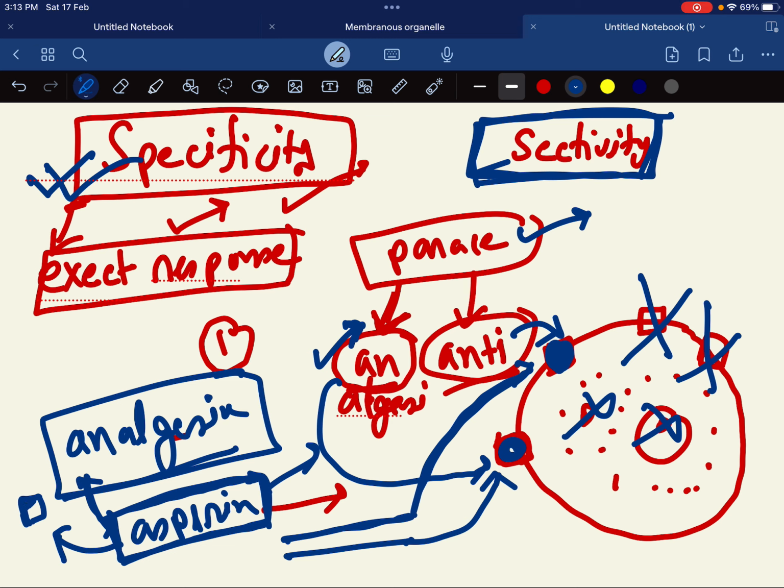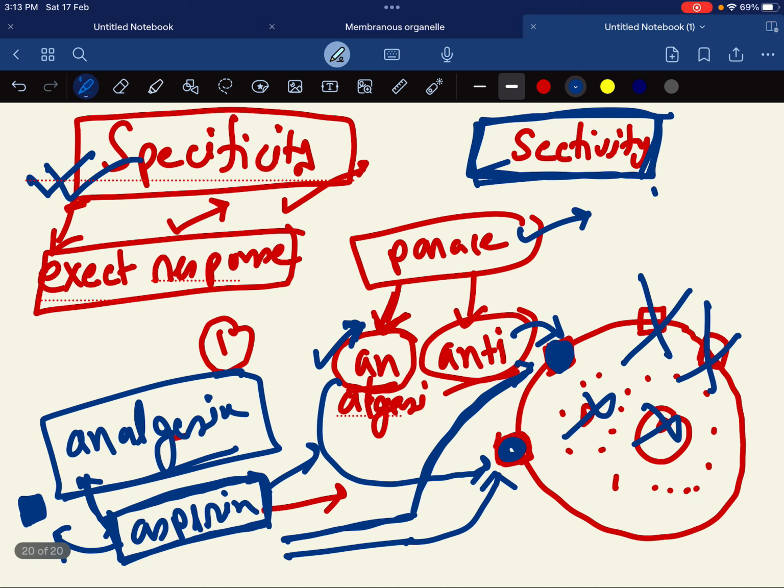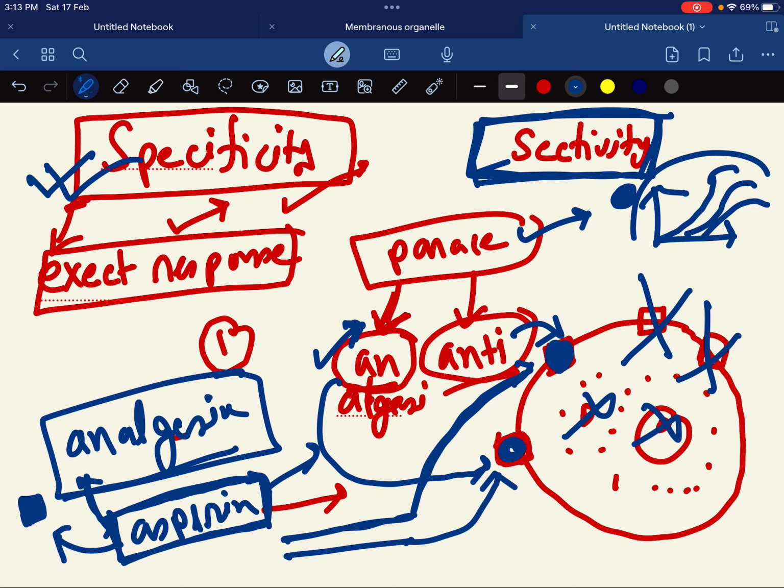Then this kind of comparison between two drugs can be done only by comparing their dose response curves. That means you are making a selective response here, comparing the selective response of two or more drugs in this way.